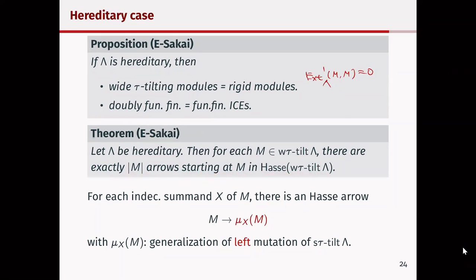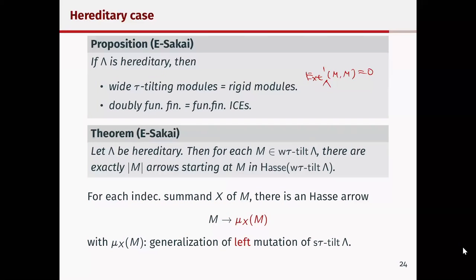So if we have two direct summands, then exactly 2 arrows start from this. And actually, for each indecomposable direct summand X of M, we can construct these modules, and there is a Hasse arrow for every indecomposable summand.